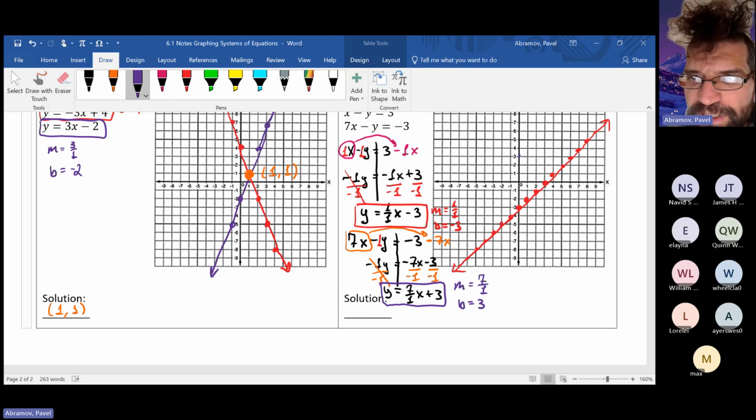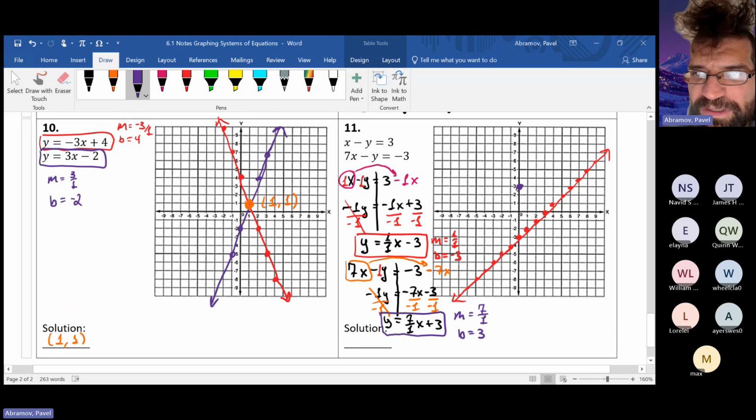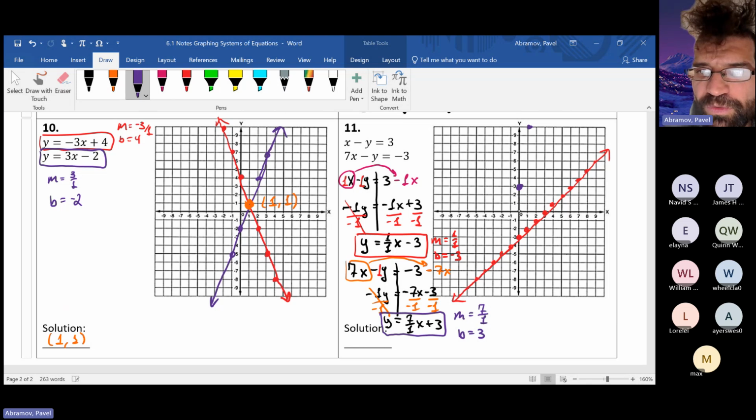So we're starting at the y-intercept of 3, but then we're going up 7, 1, 2, 3, 4, 5, 6, 7 over 1, or down 7 over 1.